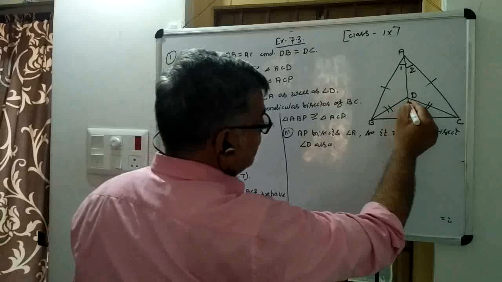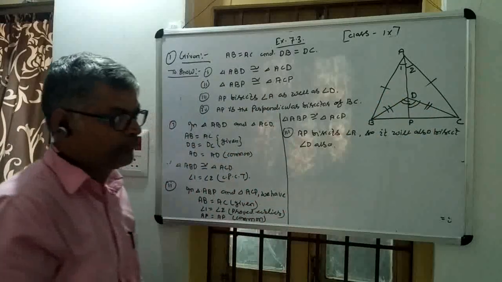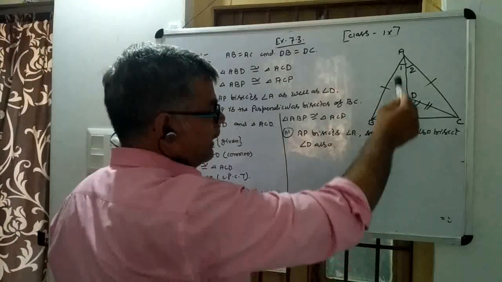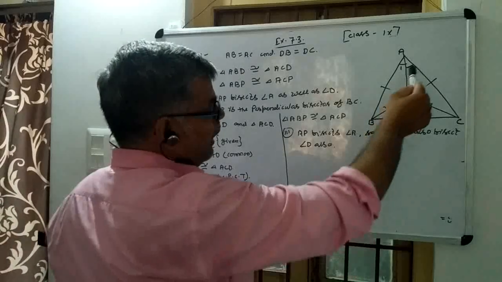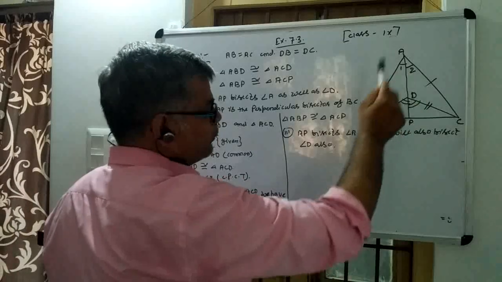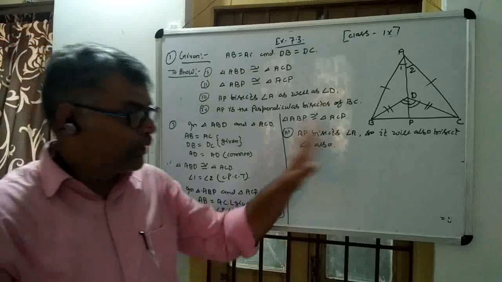It means that these two angles are also equal. Because when you take the exterior angle of this triangle, this plus this is equal, and this plus this is also equal, because this is equal to this and this equals this. So these two angles will also be equal.